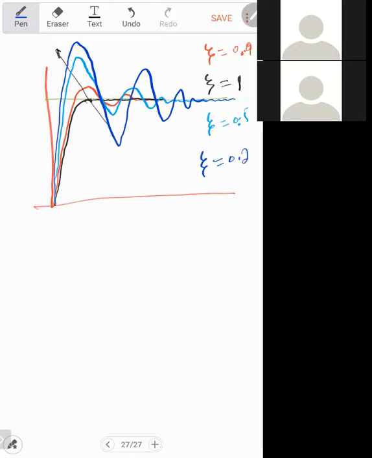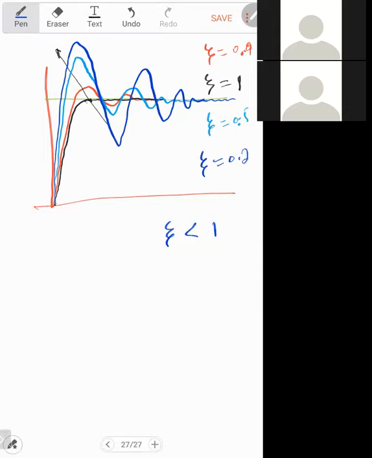When zeta is decreasing, zeta is less than 1, so the overshoot is increasing. The rise time, you see the rise time is also decreasing, but the overshoot is also increasing. So which is critical.